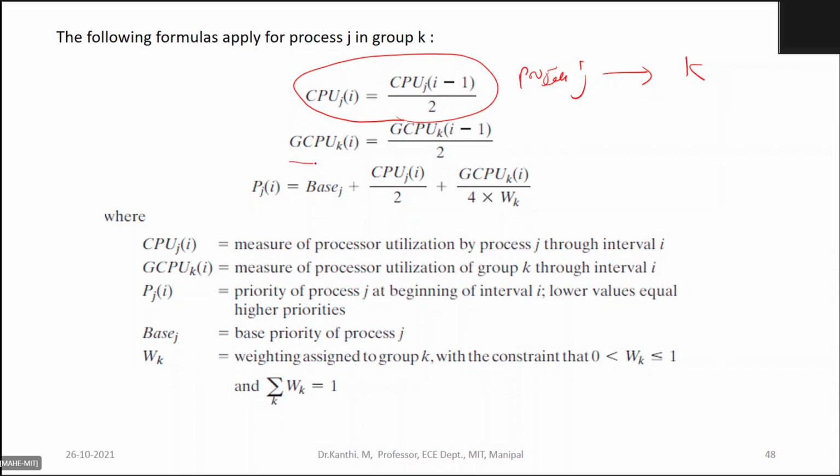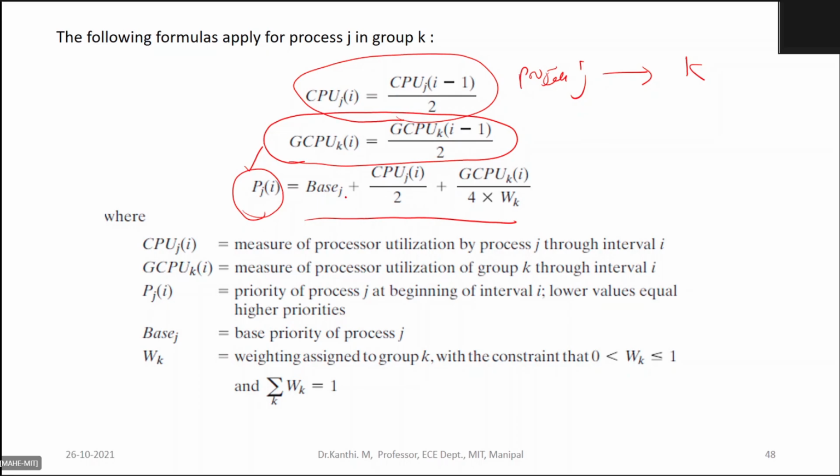Similarly, you compute the processor utilization, that is the measure of your processor utilization in the group. What is the utilization of that particular process in the group? And you calculate the priority of the process using this particular formula.